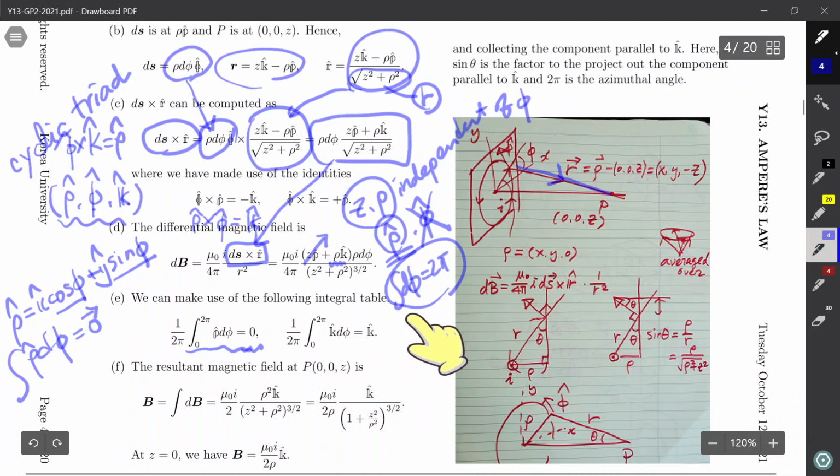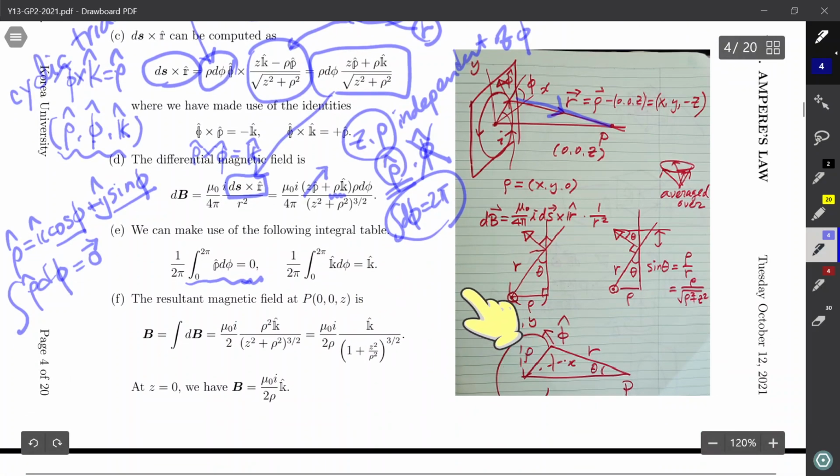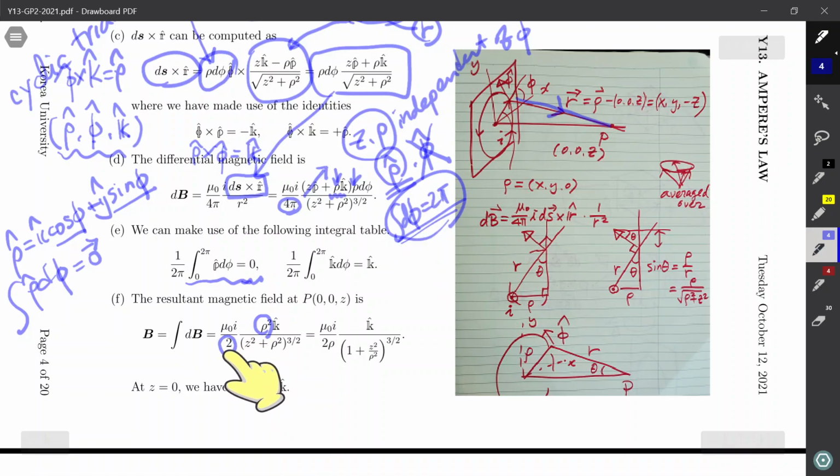As a result, we have rho squared in the numerator. There used to be 4 pi in the denominator, but the integral gives 2 pi, so that cancels to leave a factor of 2 in the denominator.